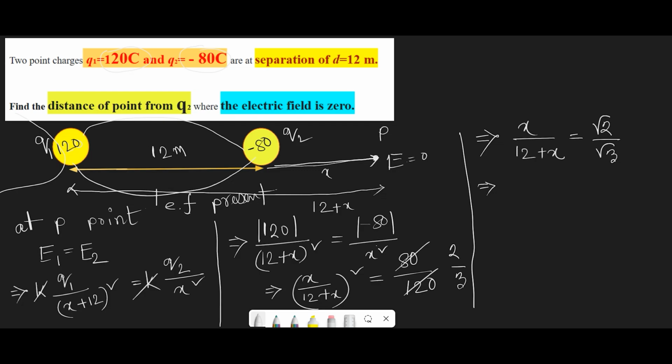So here we could write down square root of 3 times X equals 12 times square root of 2 plus square root of 2 times X.